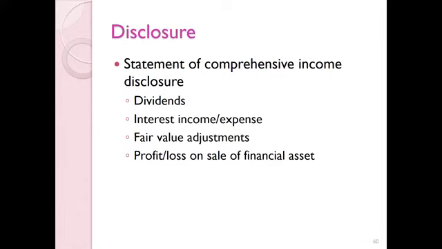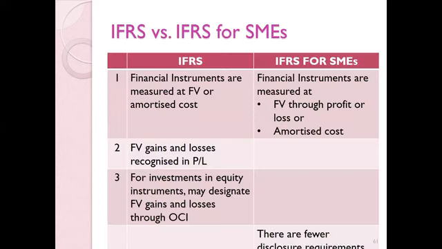Any fair value adjustments, remember those fair value adjustments may go through profit or loss, or they may go through other comprehensive income. You need to make sure that you show that in the correct place. And any profit or loss on sale of a financial asset, as with any other asset, that would be included within your statement of profit or loss and other comprehensive income.